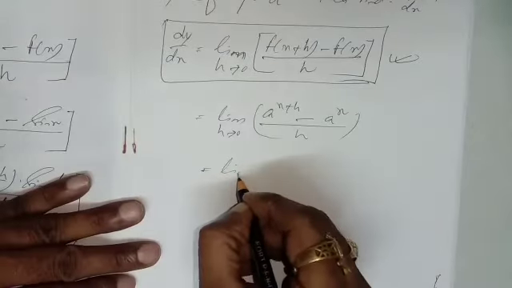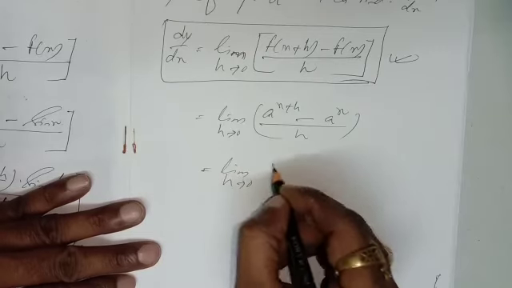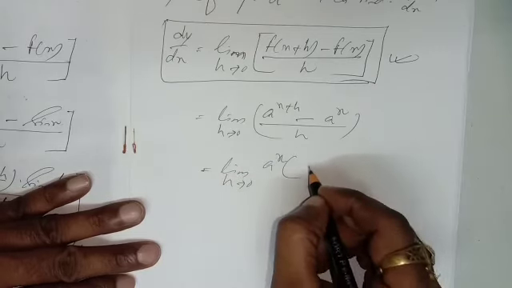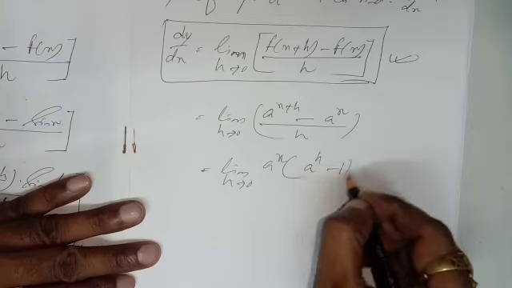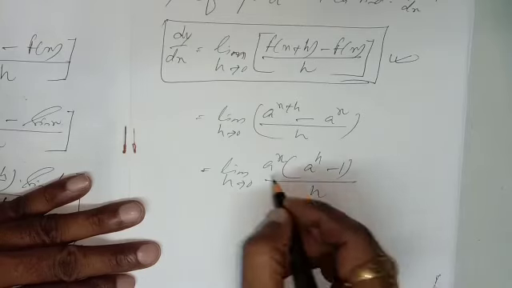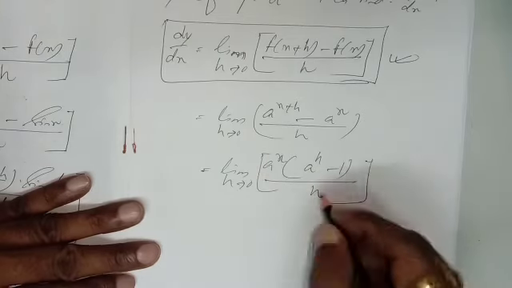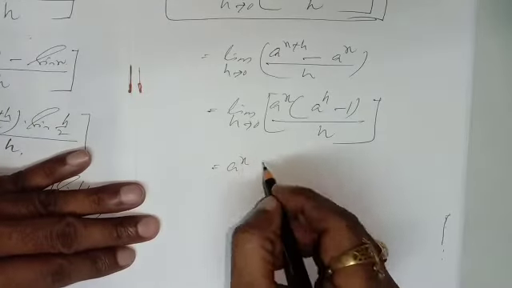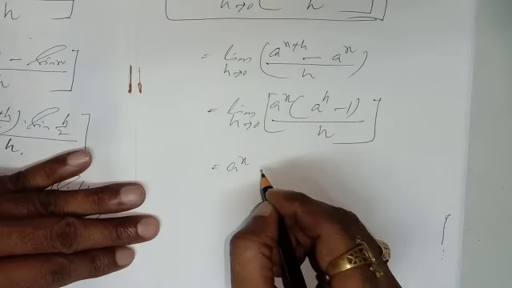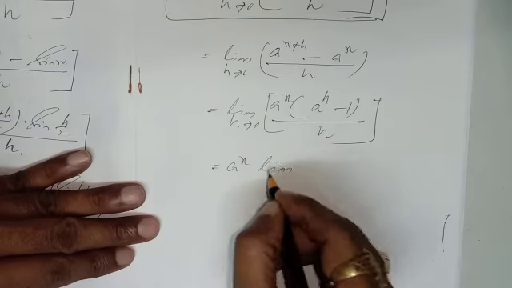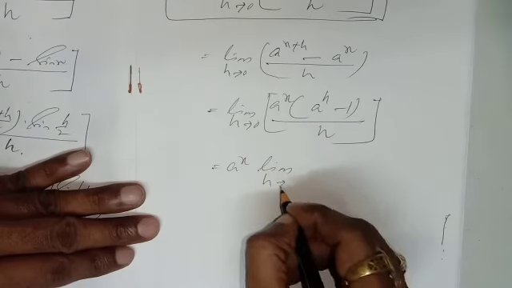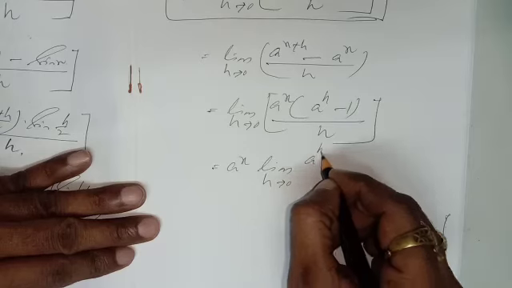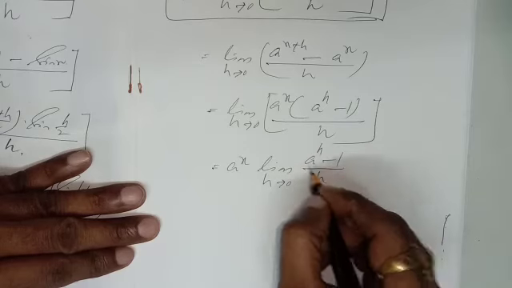Now just simplify here. a to the power x you can take common. What is left? (a to the power h minus 1) by h. After that, a to the power x is taken outside of the limit, because this is treated as constant. Because your variable is h, which tends to 0.